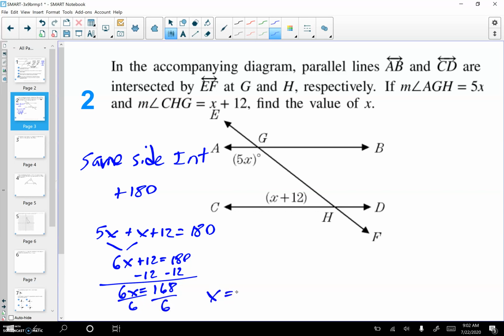And we end up with x equals, now I'm going to have to throw this in my calculator real quick, and I think actually I got something a little bit on the sloppy side, but let's see. Oh no, never mind. I got 28. Sorry, wasn't doing math in my head. All right, and you get that x is 28. All right, so same sides, add them together to give you 180.